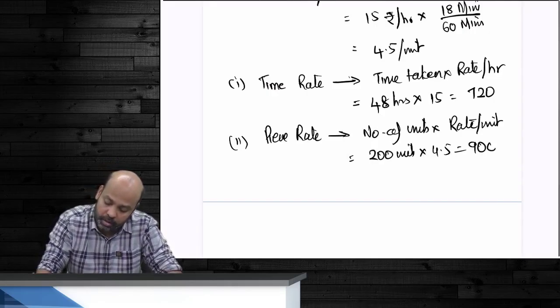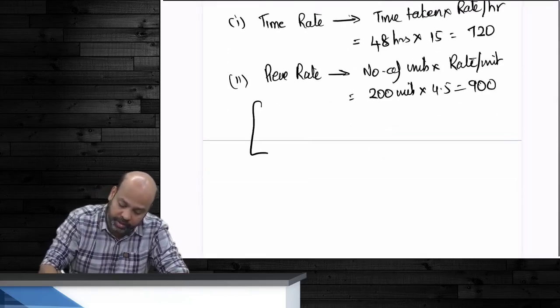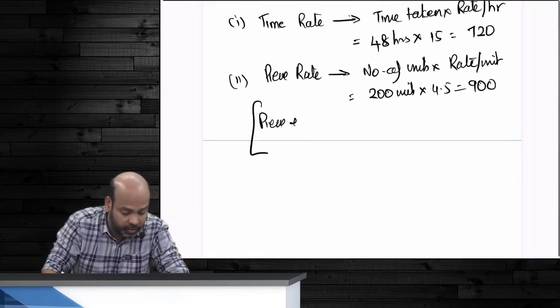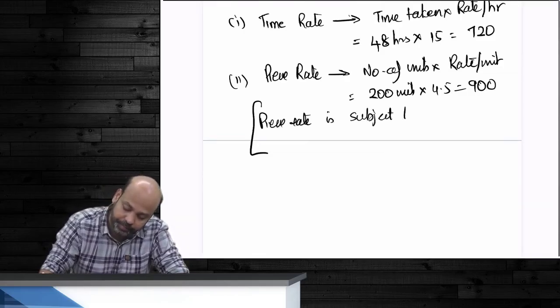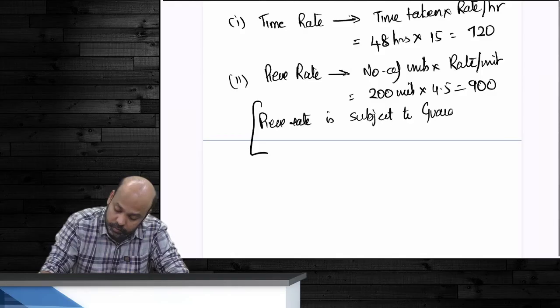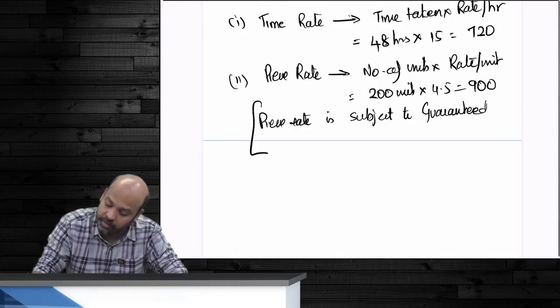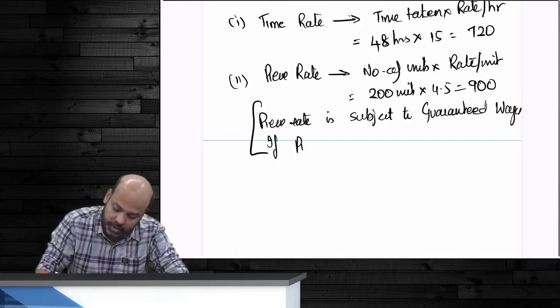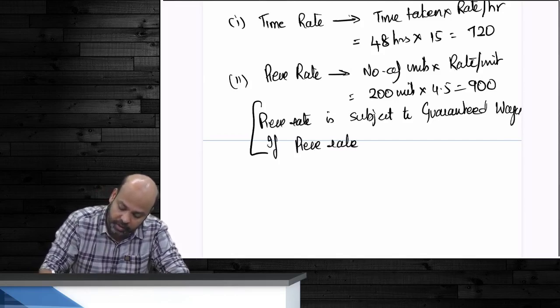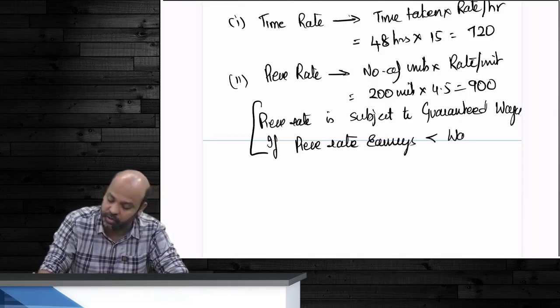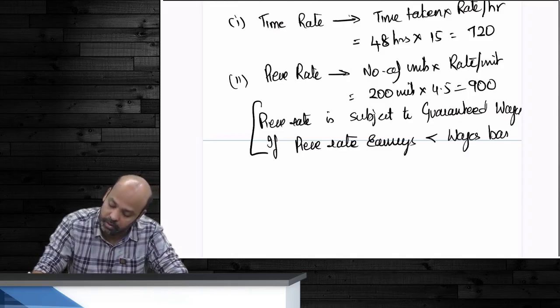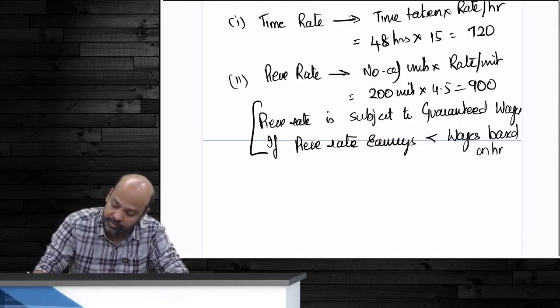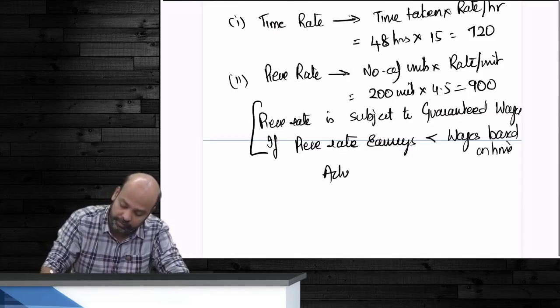Here, beta, it is not relevant, but the question says piece rate is subject to guaranteed wages. What does that mean? Guaranteed wages means if piece rate earnings are less than wages based on time, then the actual wages, beta, should be equal to time wages.